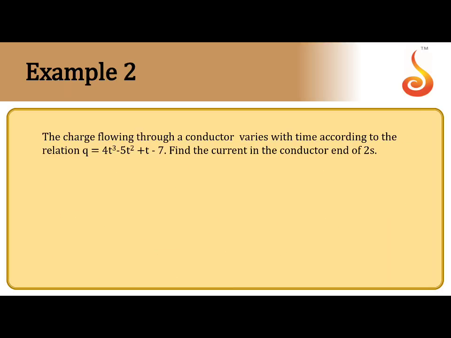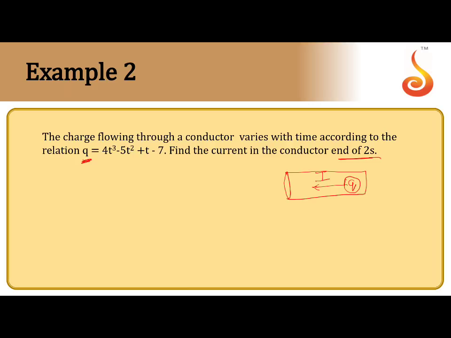One more example. The charge flowing through the conductor varies with time according to the equation. Q represents charge, t represents time. Find the current in the conductor at the end of 2 seconds. So in a conductor, when the charges are flowing, the flow of charge will give you current.